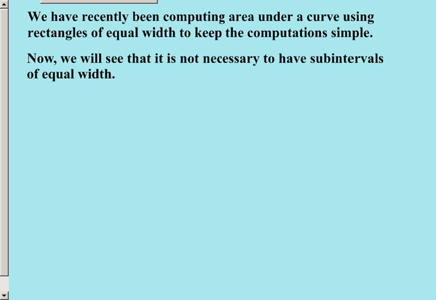In fact, trying to have the subintervals have equal width has been causing some of the wide variation as far as the difference between how far apart the upper bound and the lower bound are, because as the curve is steeper vertically, we have more and more of our rectangles extending outside of the area underneath the curve, or we have area underneath the curve that is not being covered simply because of the nature of the shape of the rectangles versus the nature of the shape of the curves.